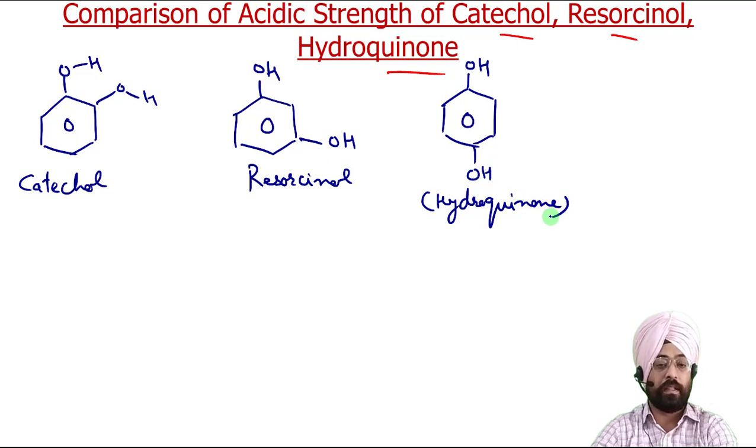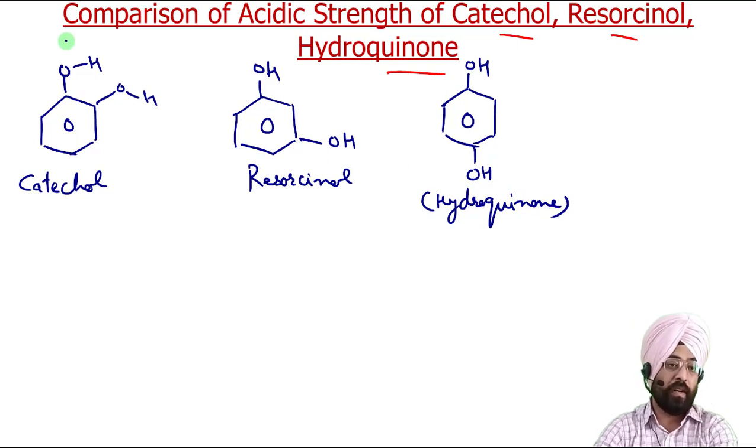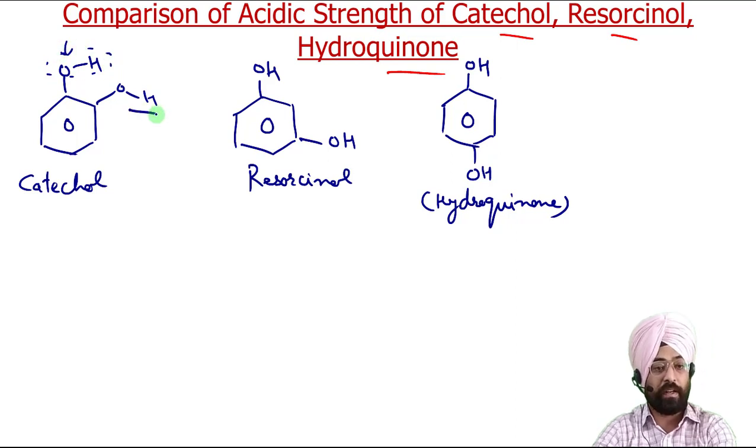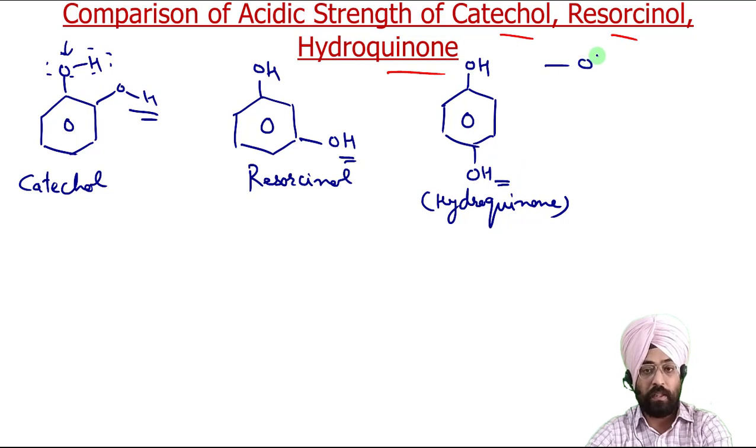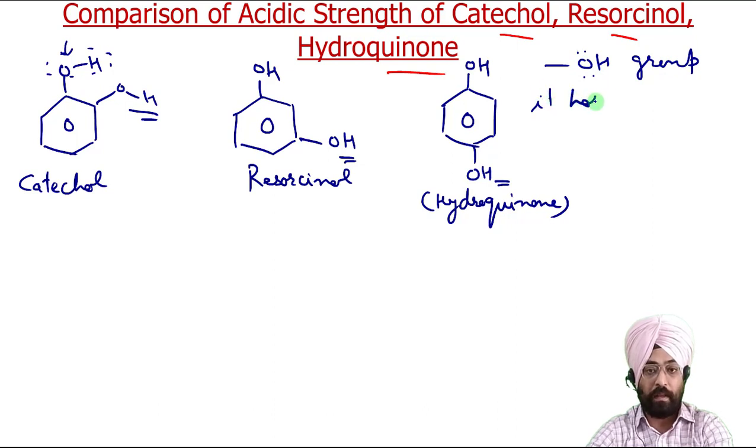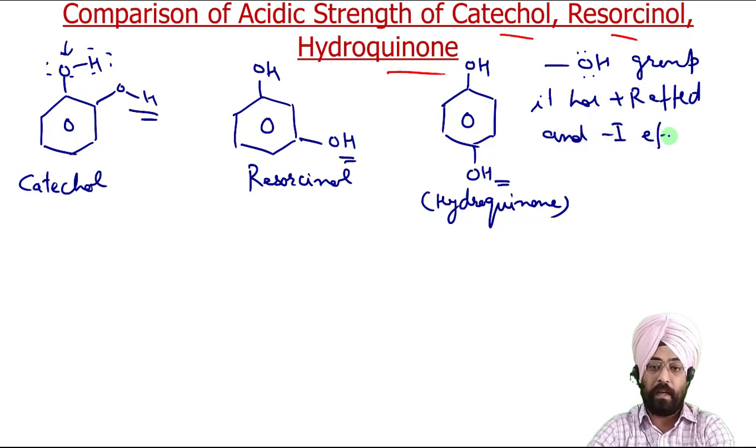Now let us see, if we want to see the acidic strength of this OH group, then let us see the effect of the second OH group, because now it is a substituent. This OH group has a plus R effect and a minus I effect.